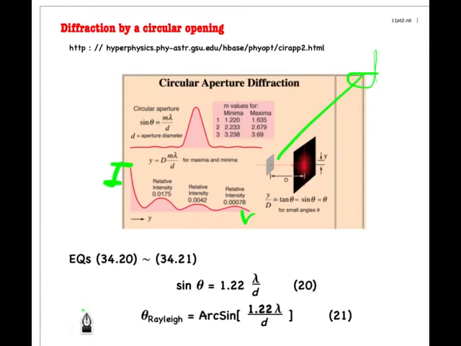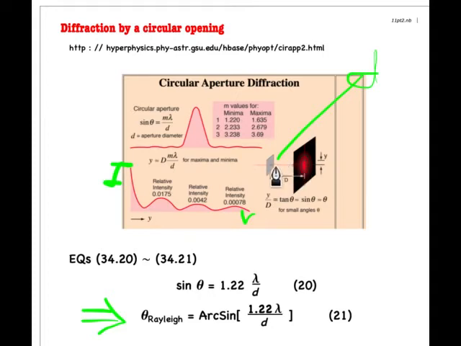Now that implies something about optical instruments like telescopes. If you had two sources, if you had two pinholes, or if you had two holes here, then could you tell them apart?